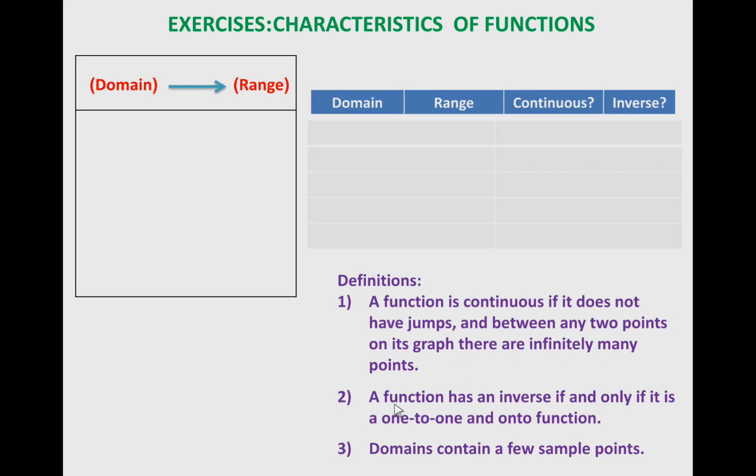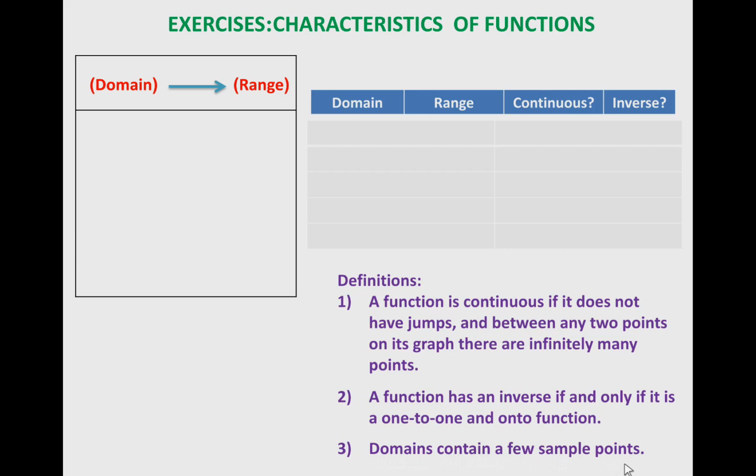Definition number 2: a function has an inverse if and only if it is a one-to-one and onto function. Last, domains contain a few sample points. We're not going to put all the points of the domain in the diagram.